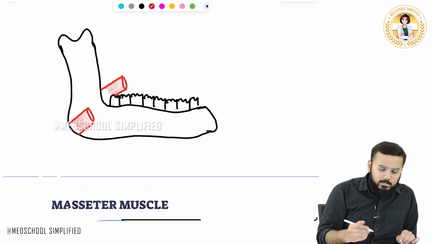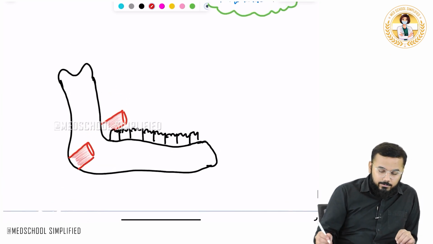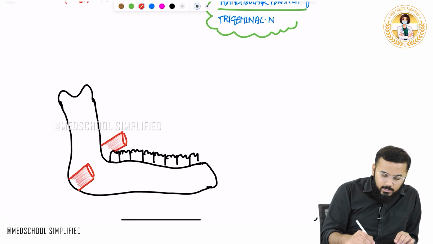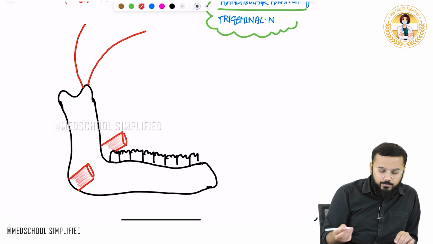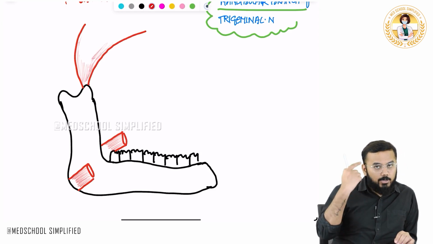Next important thing: let us say you have a fan-shaped muscle like this. This fan-shaped muscle enters into your temporal region.